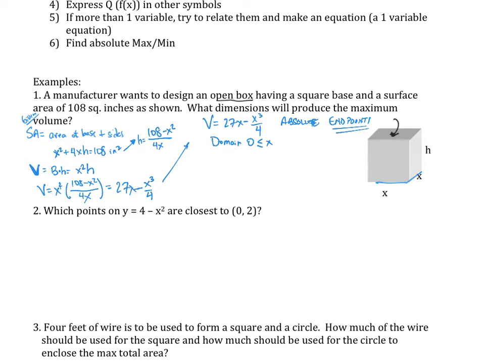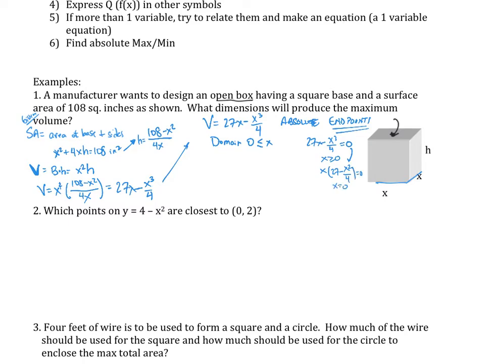That means I want to take my 27x minus x cubed over 4, and I want to find out at what values will x be greater than or equal to 0. So I can set this equal to 0 and solve it. I take x out, and I get 27 minus x squared over 4 equals 0.